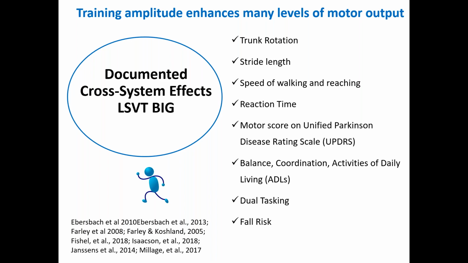And then the scale that the physicians use, which is called the Unified Parkinson Disease Rating Scale. We've shown some great research on how that score actually improves, meaning people have less disability and more ability. Of course, balance, coordination, and the ability to do those normal tasks that we want to do improve. And we found that people have a lower fall risk and they're able to do multiple things at once. So really you can see that there are many levels that are enhanced by doing this one program. Next slide.